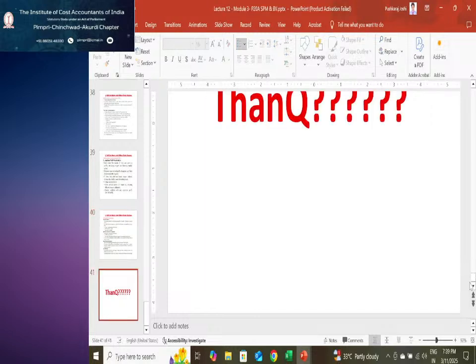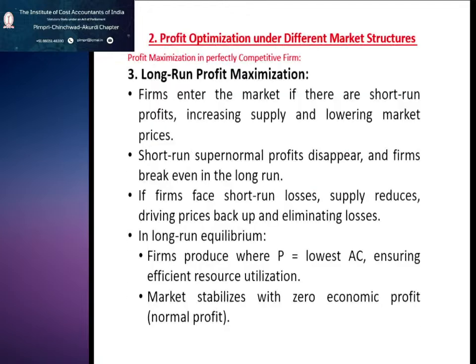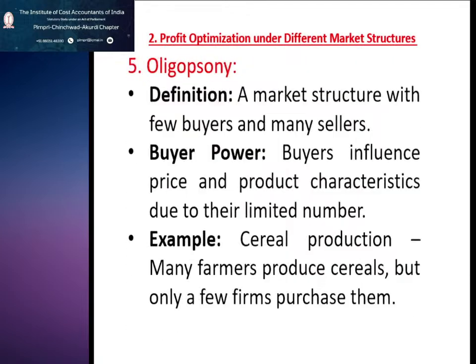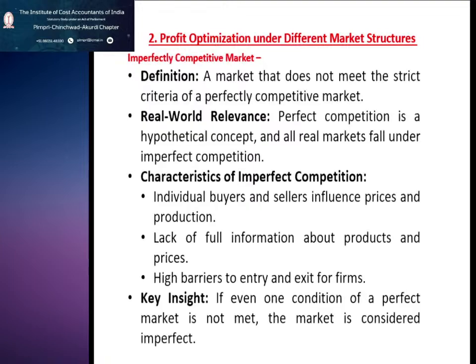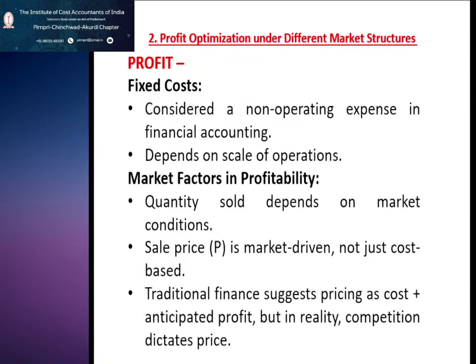So with this, in a way, we are at the end of the concept also. Just to do a recap of what we have studied in this session. We have seen what is meant by profit optimization, what is meant by profit.